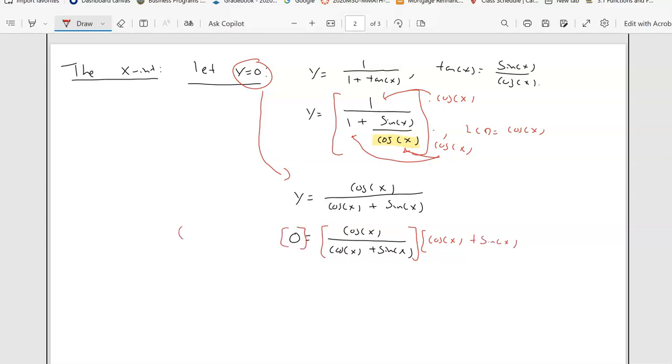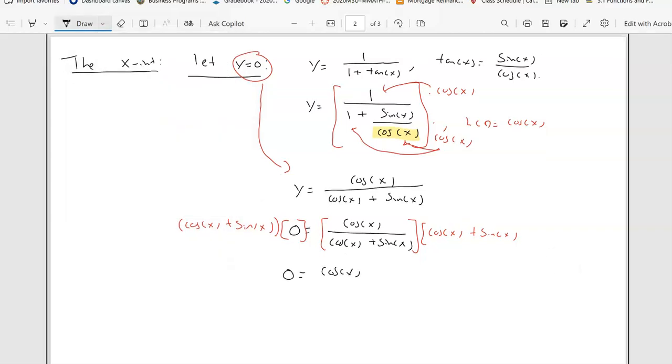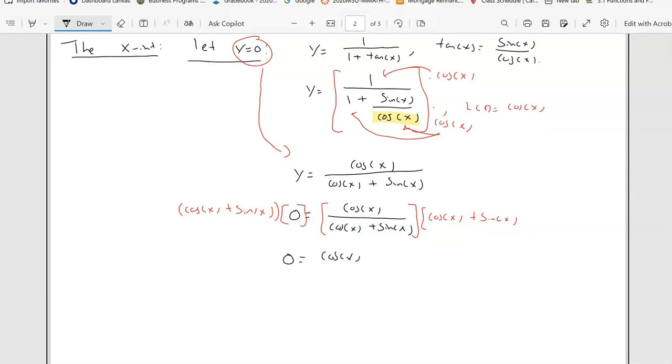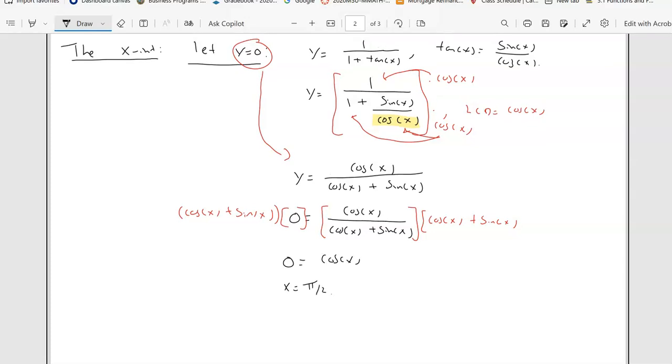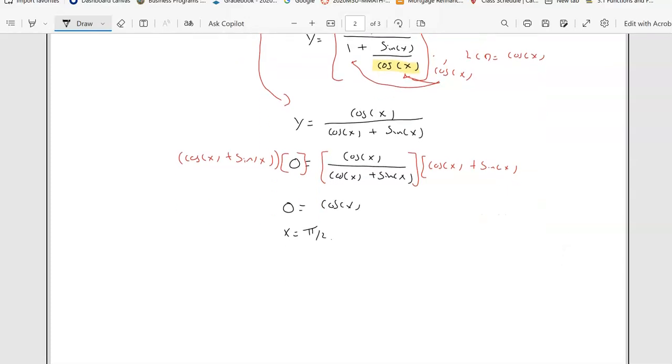And then on this end, cosine of x plus the sine of x. So we end up with the values of 0 is equal to the values of cosine of x. And this is going to occur at, in this case, I'm just going to say that x is equal to the values of pi over 2. So your actual x-intercept for one period, it's going to be pi over 2, comma 0.